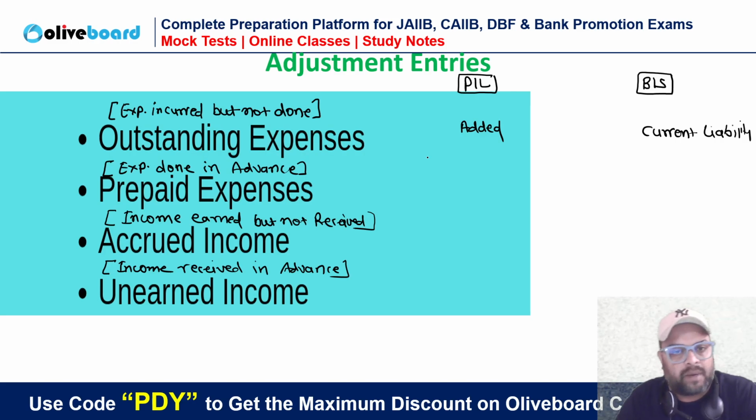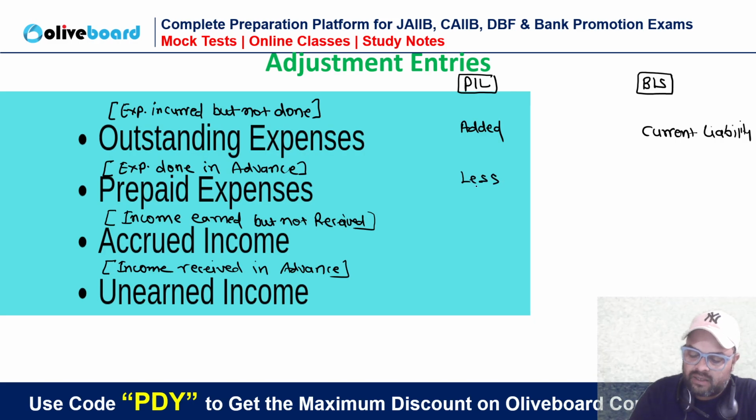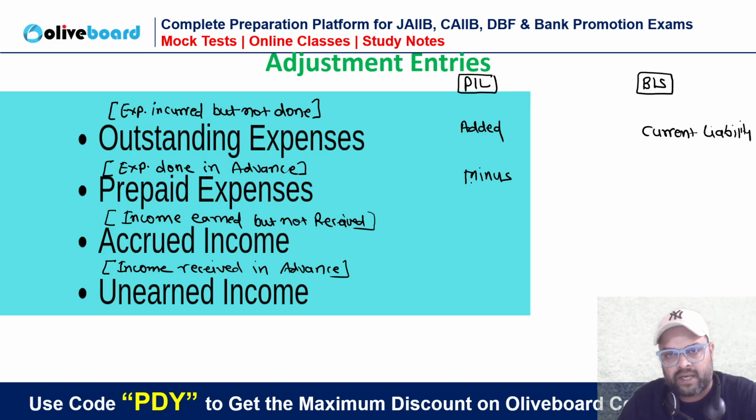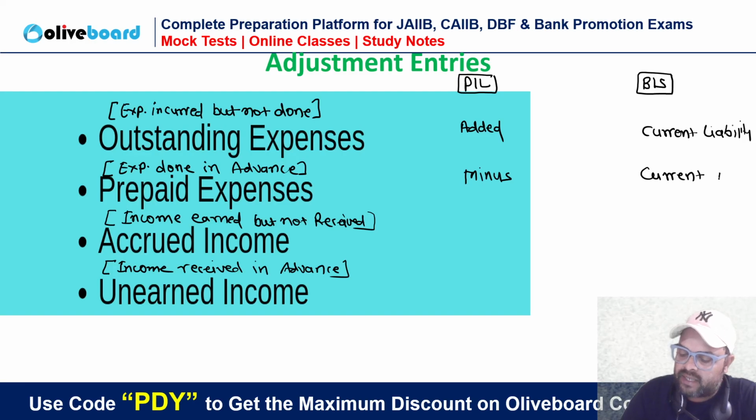When we talk about the prepaid expenses, it is always less or reduced. Minus from the profit and loss account, or minus from the profit of the company, and it is shown as a current asset in the balance sheet.